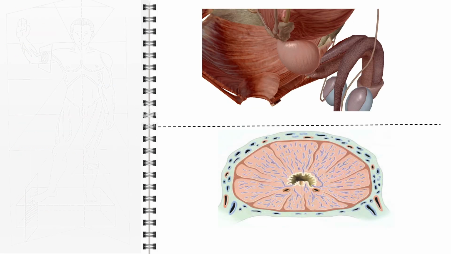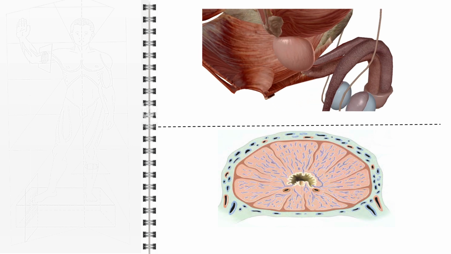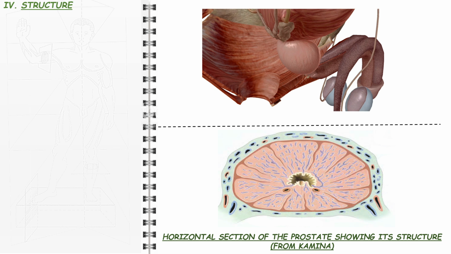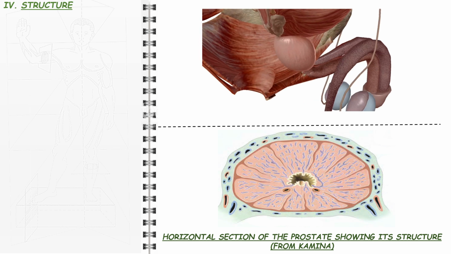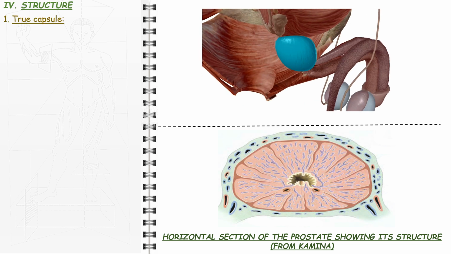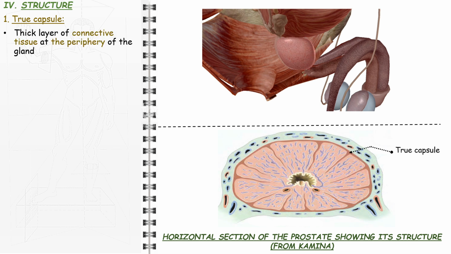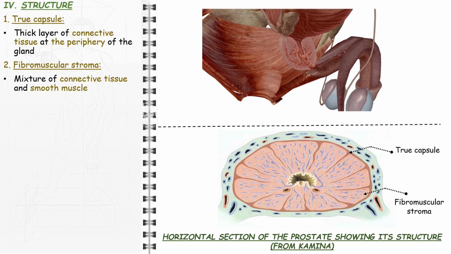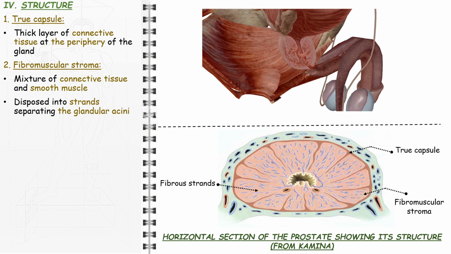To perform its function, the prostate has a sophisticated architecture and a diversified structure, which we will dissect from the periphery to the center. The true capsule is a thick white layer of connective tissue at the periphery of the gland. The fibromuscular stroma is a mixture of connective tissue and smooth muscle disposed into strands linking the true capsule to the verumontanum and separating the glandular acini.